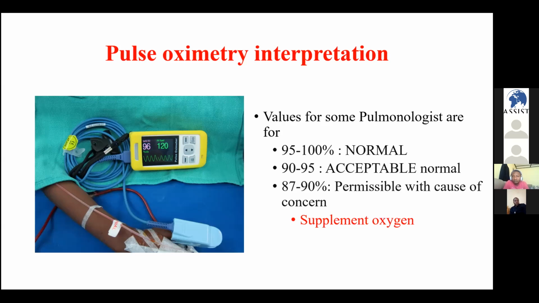Saturation between 87 to 90% is the range where you are concerned about dangers for your patients, and you try to look for what might be the cause and address it.